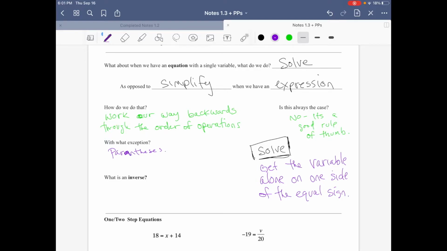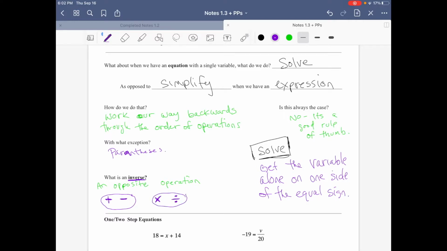So the big thing that we've got to talk about today is an inverse. An inverse is how you go about solving equations with a variable in them. An inverse is an opposite operation. So the opposite of addition would be subtraction, and the opposite of multiplication is going to be division.